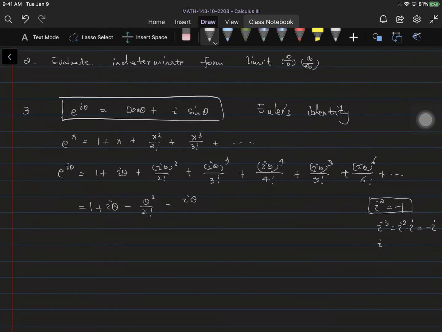Same thing for the rest: let's see, i to the fourth equals what? 1. i to the fifth should be i, right? Okay, and we just simplify those numbers. i to the fourth is 1, so plus theta to the 4th over 4 factorial, and plus i theta to the fifth over 5 factorial, and i to the sixth equals what? i to the sixth should be i fifth times i, so i times i is negative 1.